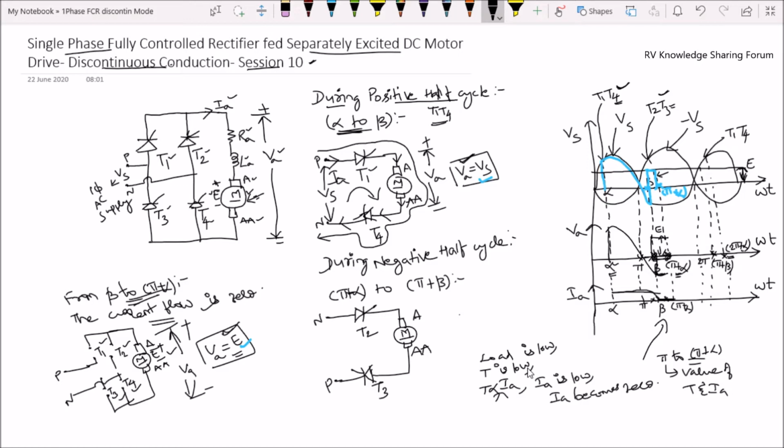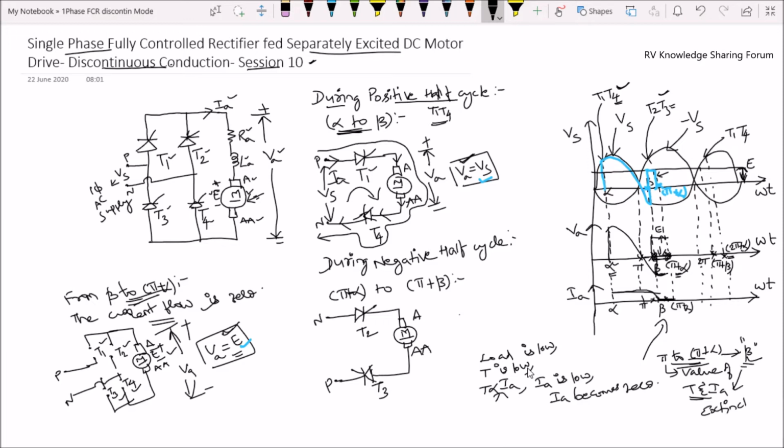Depending on these, the current becomes 0 at any angle from pi to pi plus alpha, which is denoted as beta, called extinction angle.